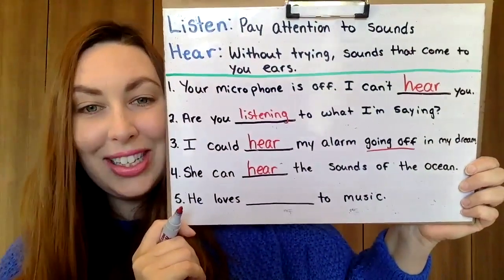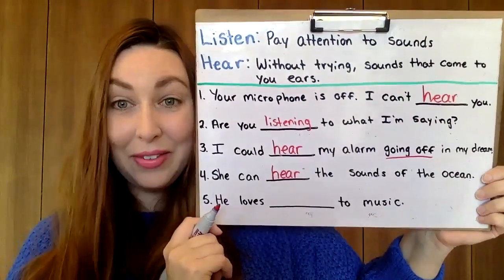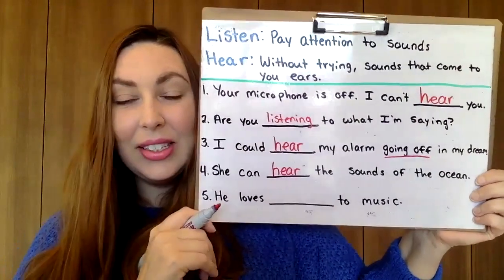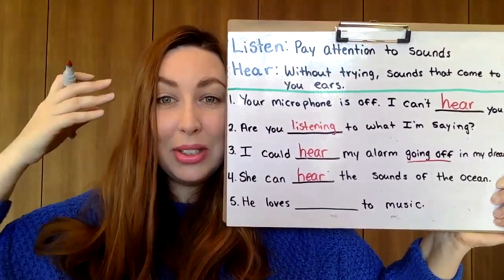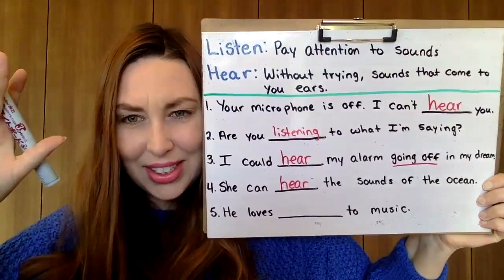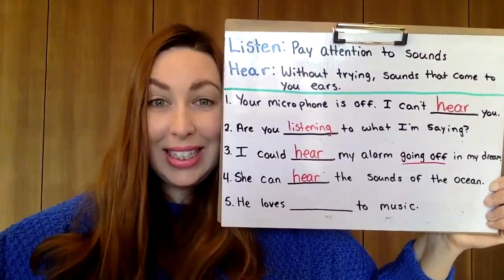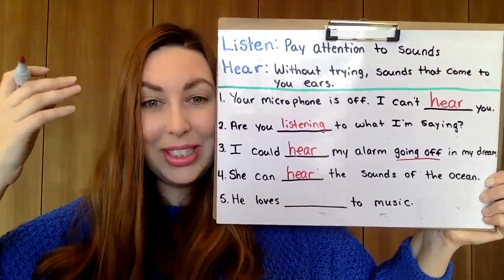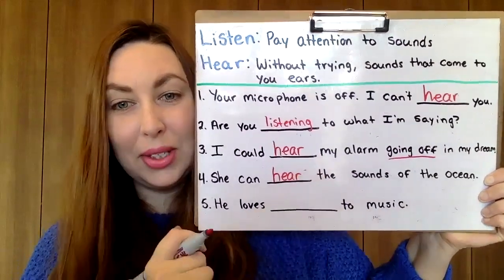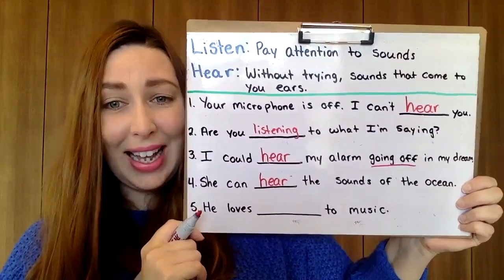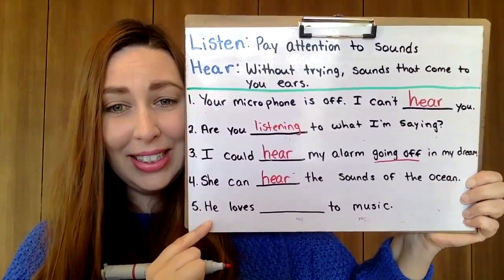Okay, she can hear the sounds of the ocean. Very good. So, just the sound is naturally coming to your ears. You're not concentrating on it, but you can hear the sounds of the ocean. Very good. No to here also. Okay, last one should be very, very easy.